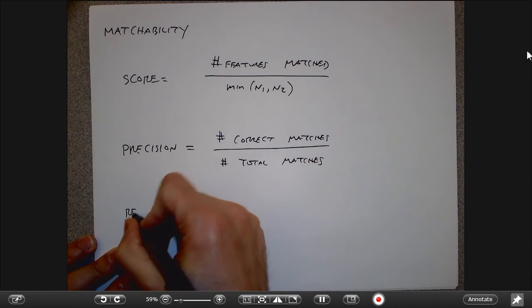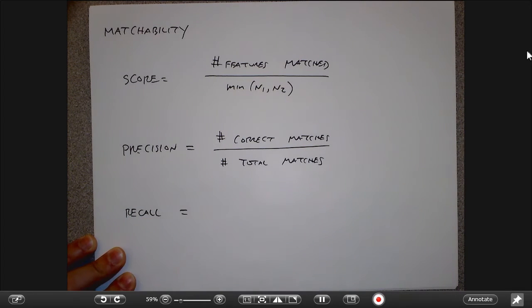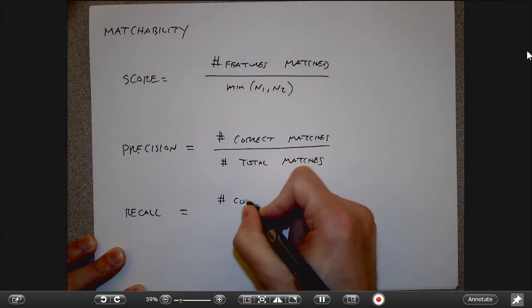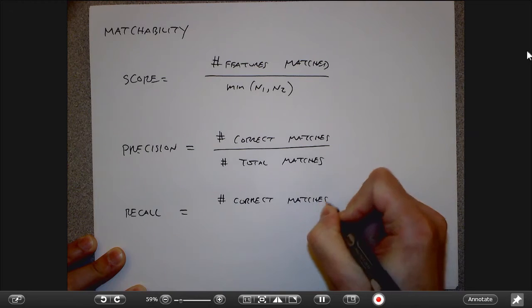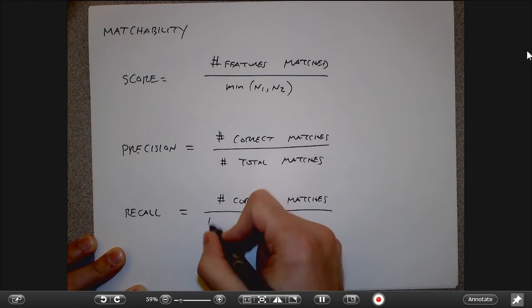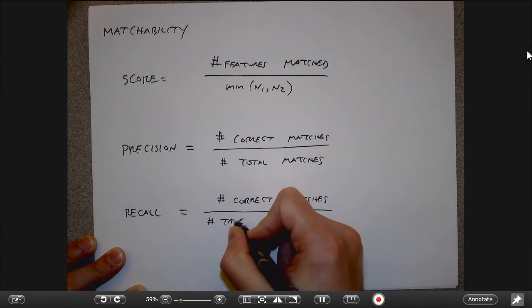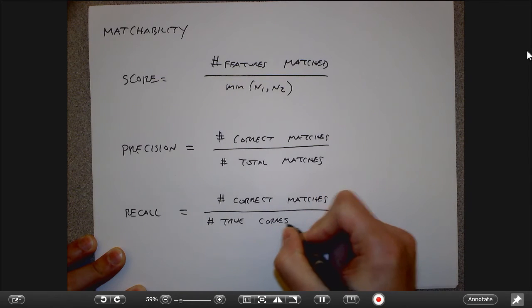The other one is called recall, which is the number of correct matches over the number of what I would call true correspondences.